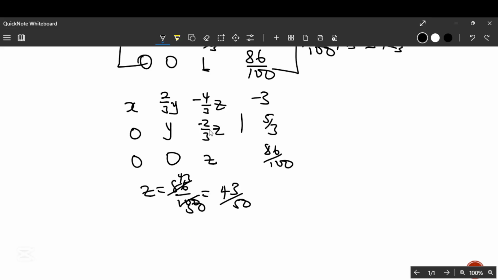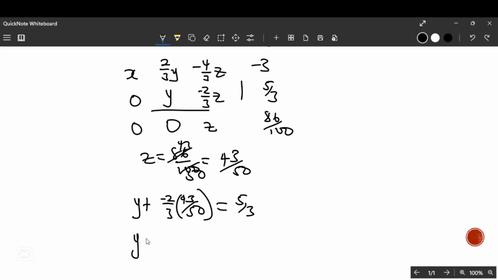Now let's put the value of z in the second row. So you have y plus negative 2 on 3, but z is 43 on 50, is equal to 5 on 3. So here we are going to have y minus 43 on 75 equals 5 on 3.